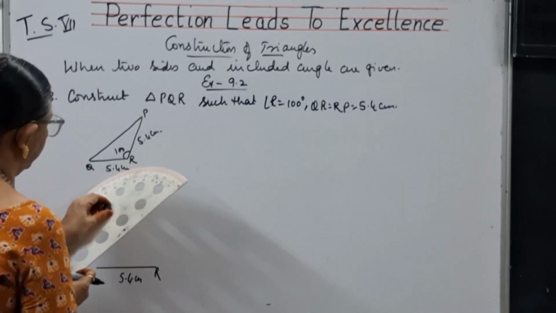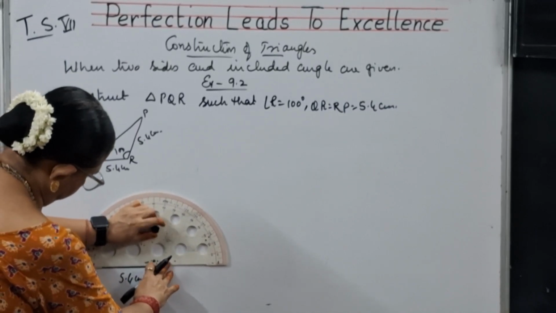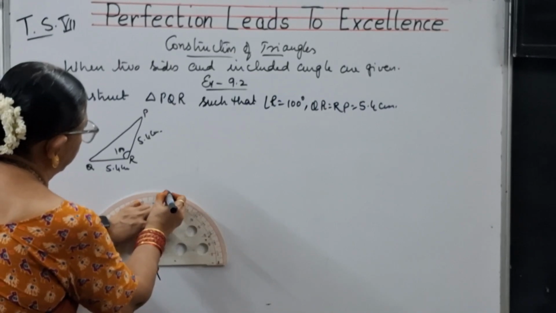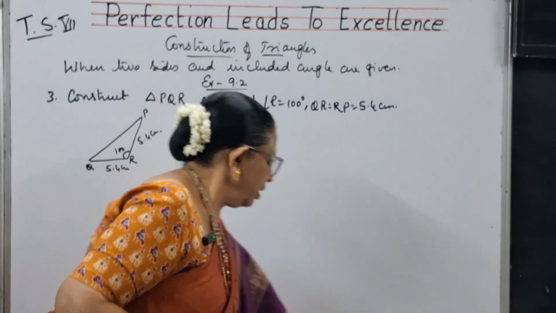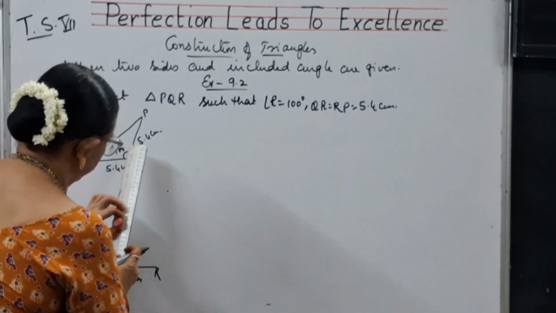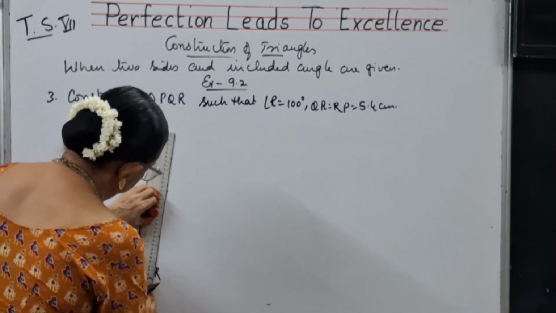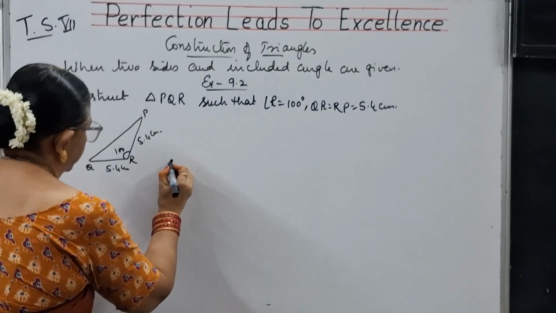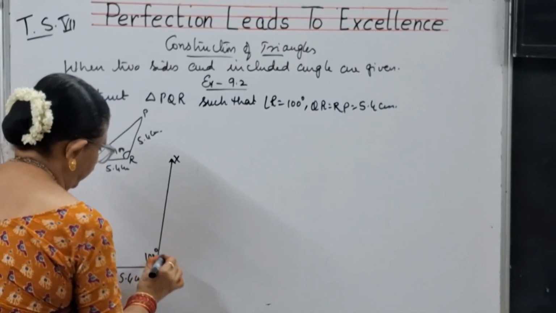So 100 degrees at R. This is R, children. So here 100 degrees means from here 0 if you take, this is 100 degrees. So here you have to draw 100 degrees, R X-ray making 100 degrees.